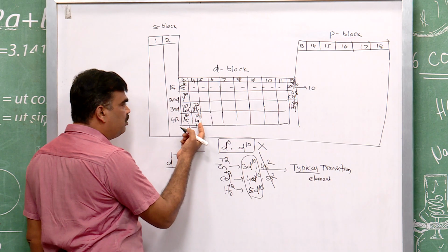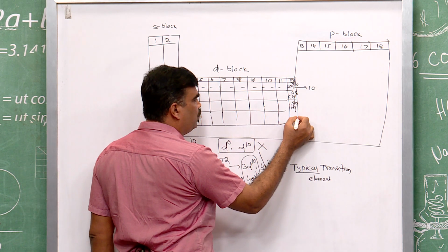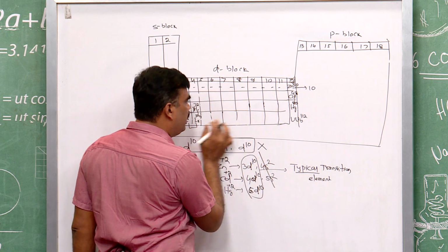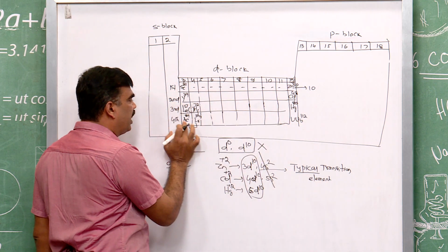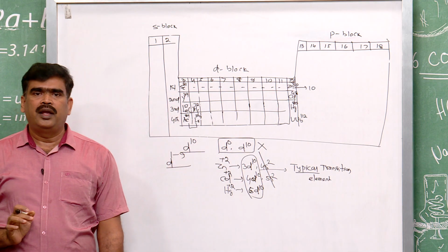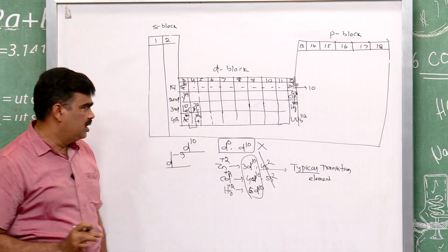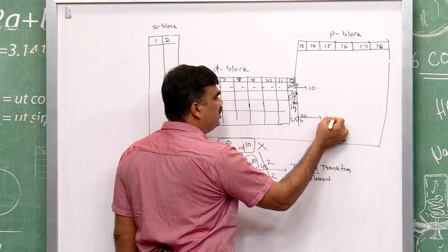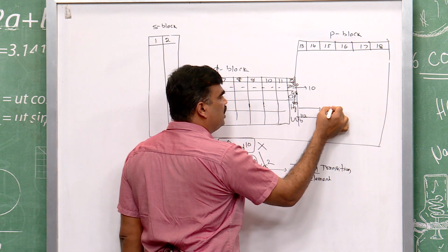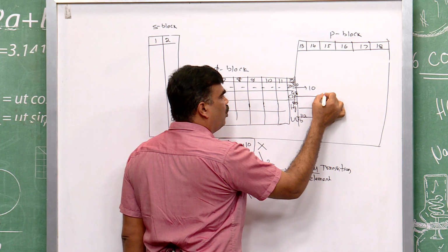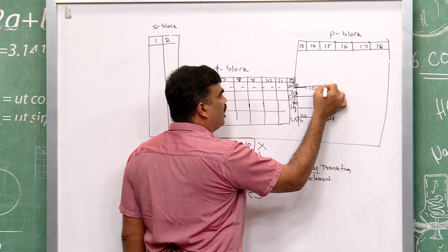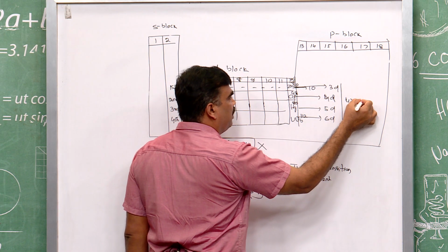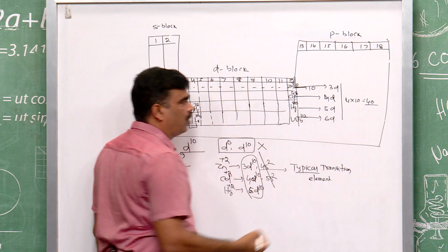Then from lawrencium to ununbium 112, these 9 elements plus actinium make 10 d block elements. This fourth transition series is called the 6d series, this is the 5d series, this is the 4d series, and this is the 3d series. So 4 into 10 means there are 40 elements in total.